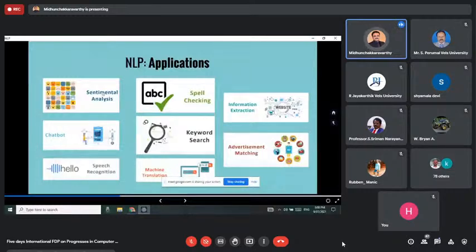The exact technique is the web crawler. So those who are using web crawlers, that's nothing but information extraction from the web. These are some of the applications you might have used. Keyword search, everyone knows. Advertisement matching, that's what I was explaining now. And chatbot, speech recognition. Yes, many applications are there.